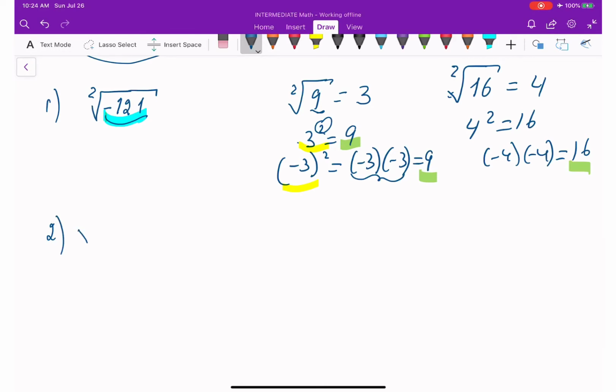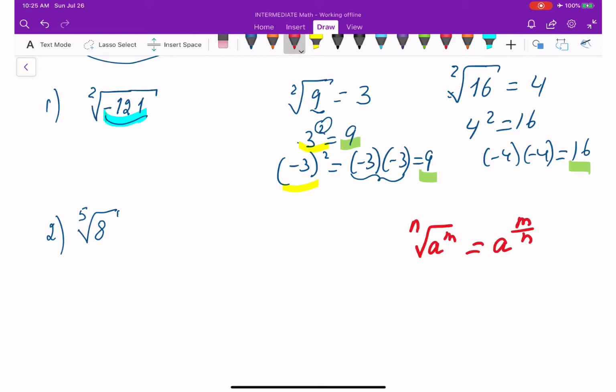Next, radical degree 5, see it's not 2, I'm calling radical. If it would be 2, I would call square root out of 8. Now, how are we going to convert this to represent in the format of rational exponents? Okay, this is the formula. Radical n of a to power m is equal a to power m over n: m comes on the top as a numerator, n comes to the bottom.